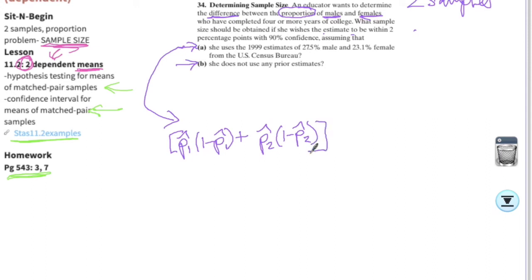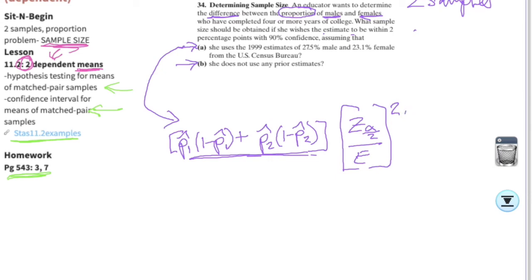Then you're going to take that whole piece and multiply it by the z-score of your alpha divided by 2, all over your margin of error. And then here, again, it's squared on the outside, not the inside of those parentheses, on the outside.